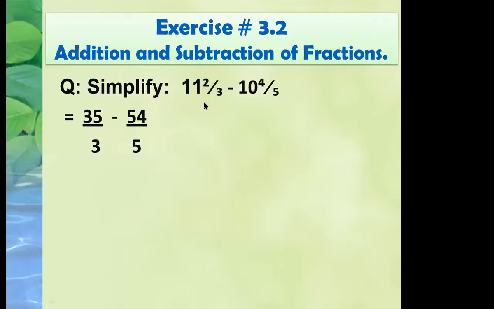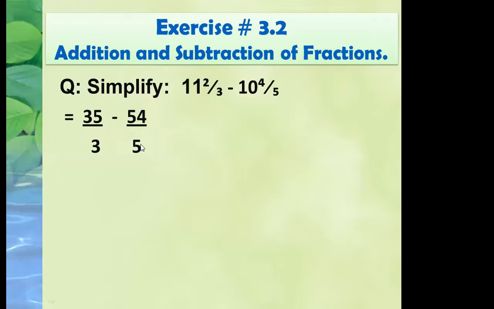Then subtraction, and 5 multiplied by 10 becomes 50, and 50 plus 4 becomes 54 upon 5. So after converting into improper fractions, I get 35 upon 3 minus 54 upon 5.